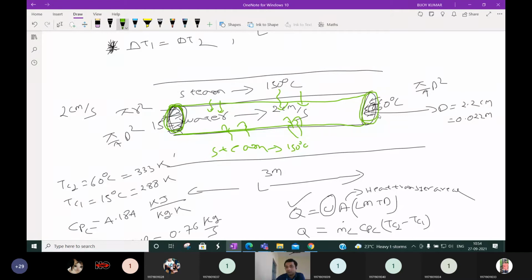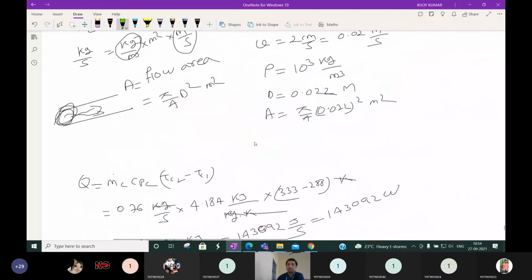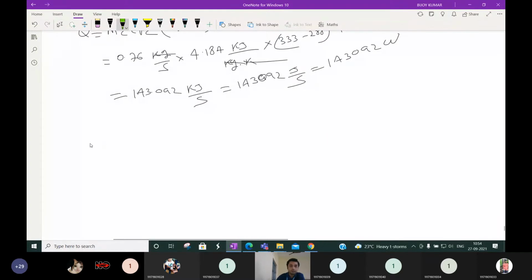How much is it? This length is 2 pi r, and this length is L. So this A, the heat transfer area, is 2 pi r into L. L is given as 3 meter.